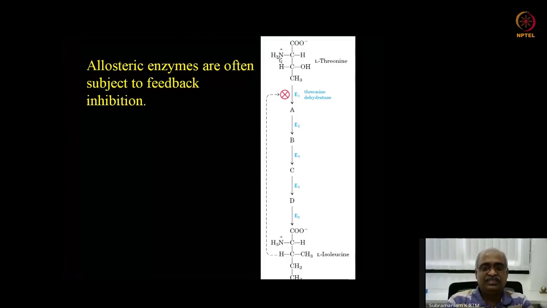Your question is, what kind of situation will need positive activation? Sometimes the substrate is in great abundance and needs to be quickly metabolized. In that situation, if that high concentration of the substrate can itself induce its conversion, that helps. So that is fast positive feedback.